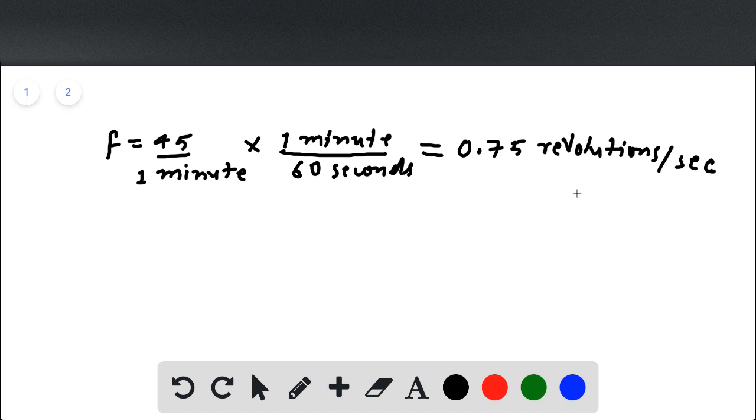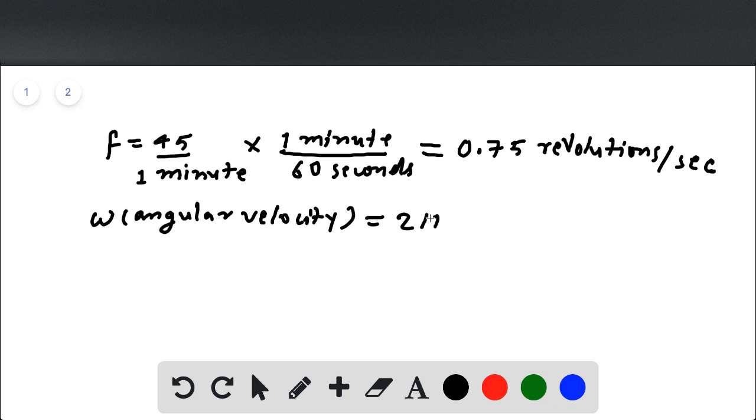So the next thing I want to do is convert this frequency to the angular velocity or angular frequency, which is given by omega. We're just writing down the magnitude of the angular velocity, which is equal to 2 pi f.